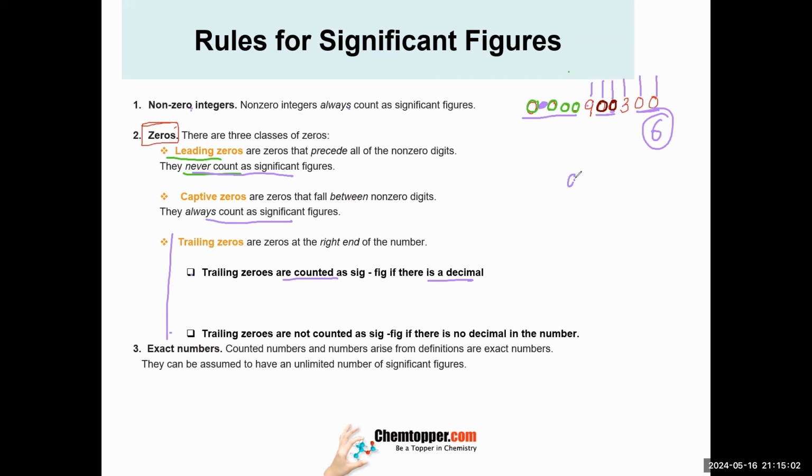But if I give you a number like this, 9000300, do we have any decimal here? There is no decimal. So these trailing zeros are not counted. See here, trailing zeros are not counted if there is no decimal in the number.